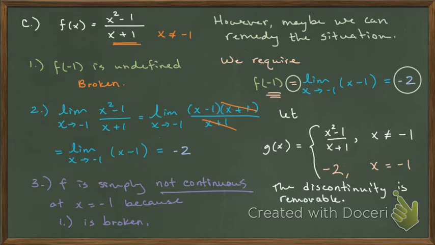So this is why we classify this type of discontinuity as removable. I can take it away, right? Again, try to remember that the original function, f of x, is not continuous at -1. That's all there is to it. But just the type of discontinuity that we're working with is referred to as removable. Okay?